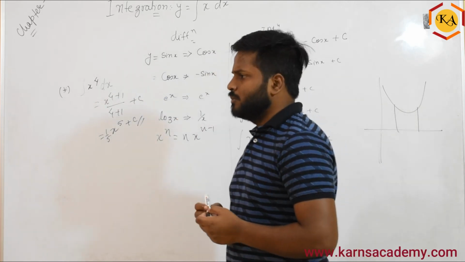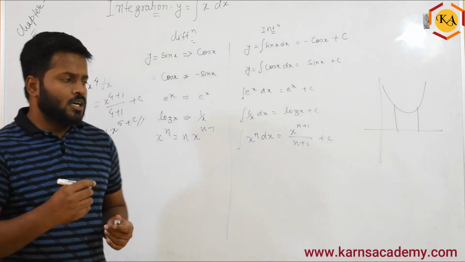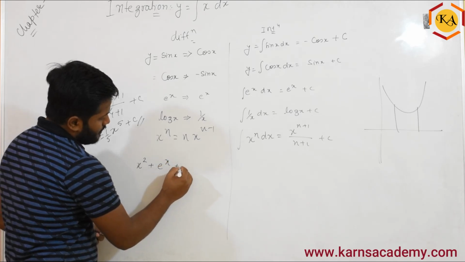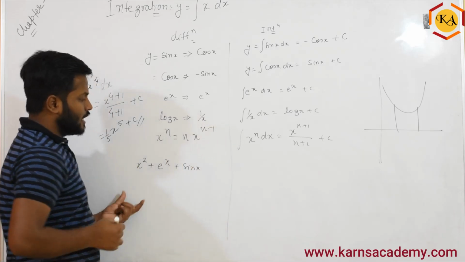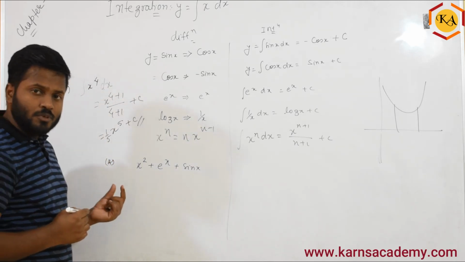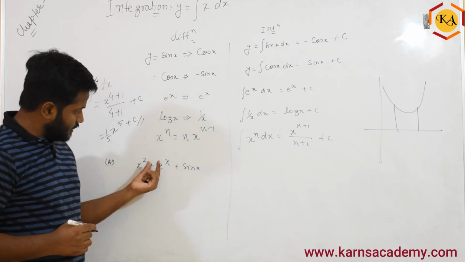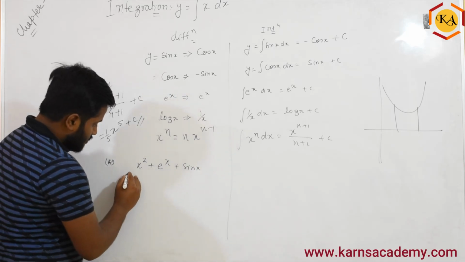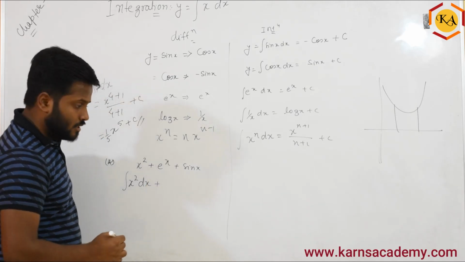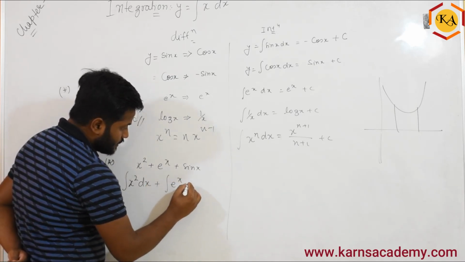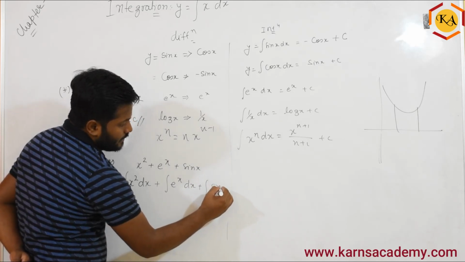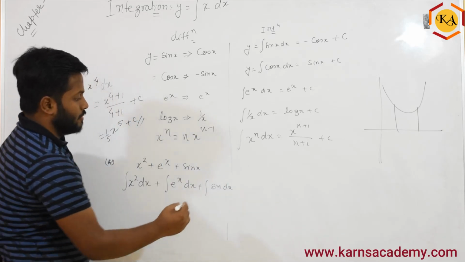Similarly, let me do one more. Let's take x square plus e power x plus sin x, and they ask you to integrate this. What are we going to do? First we take each function separately, which means integration of x square dx plus integration of e power x dx plus integration of sin x dx, right?